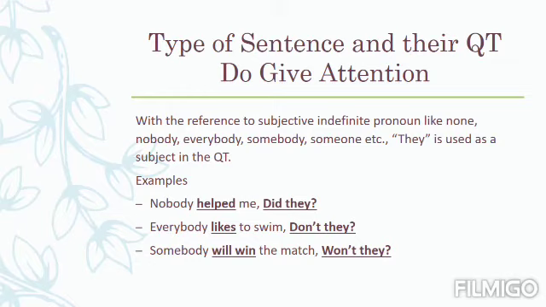Here the supportive verb will has been used. So first of all put will, then not. Will not will become won't, and the subject they. So the question tag will become won't they. This is how we can make the question tags of the sentences containing indefinite pronouns like none, nobody, everybody, somebody, someone, etc.